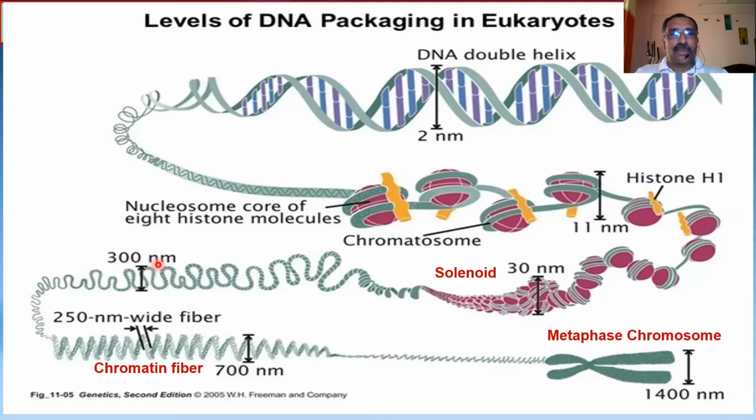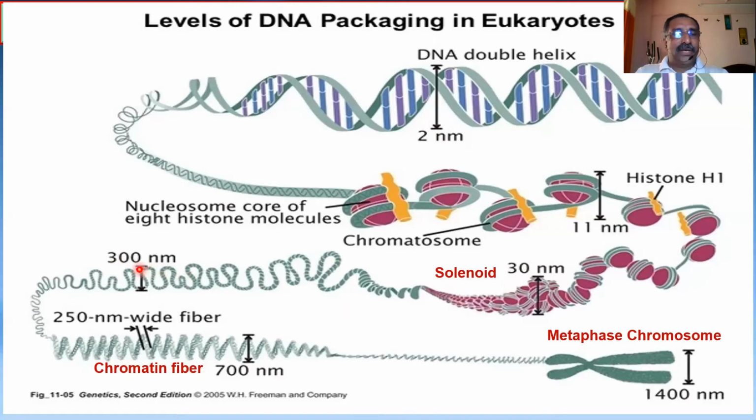Now just look at this. Earlier, the base is 2 nanometer. That has been coiled. You got an 11 nanometer thick structure. That is again supercoiled. You got a thick structure of 30 nanometer. That is called solenoid. That solenoid is again coiled.